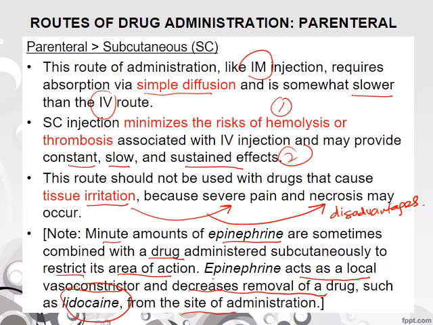Let's say you give epinephrine with lidocaine. Epinephrine vasoconstricts, right? So you have less drug flow, so the removal of the drug from the site of administration will be reduced. Then you restrict the action of the drug to the area.